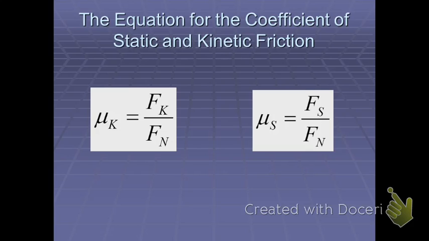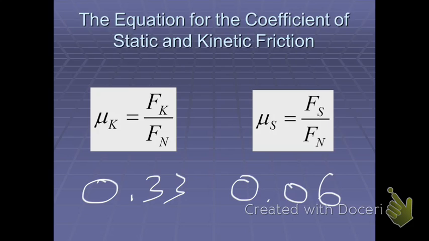So you'll get numbers, again, that look like this. So you might get a coefficient of friction of, say, 0.33. No units, just a decimal. Or you may get a number like 0.06.